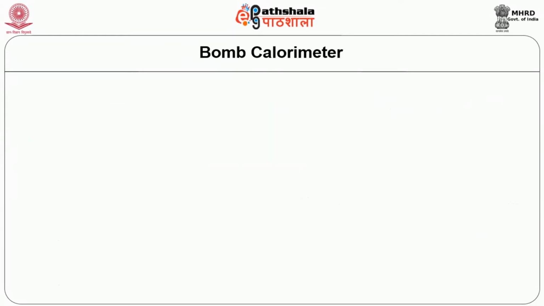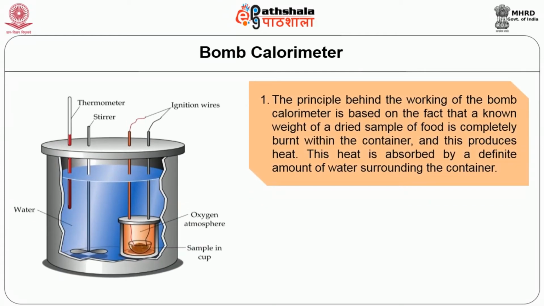Bomb calorimeter. Let us understand the principles, assembling of the bomb calorimeter and the actual method of doing the experiment. The principle behind the working of bomb calorimeter is based on the fact that a known weight of a dried food sample is completely burned within the container and this produces heat.